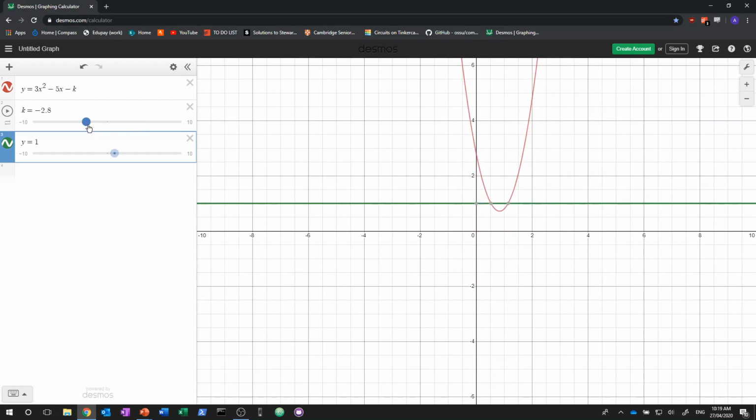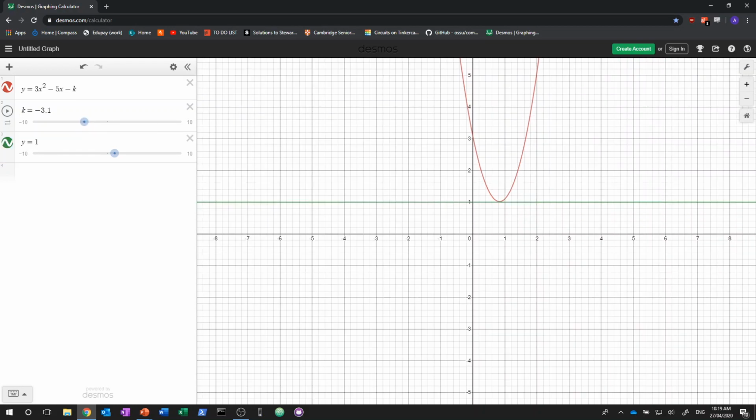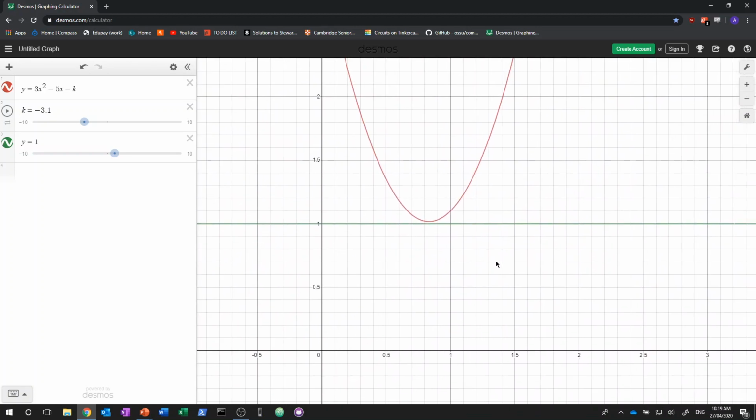And you'll notice there's a point somewhere between k equals -3 and k equals -3.1, some value of k, that makes it so that my graph is always going to be above this line.